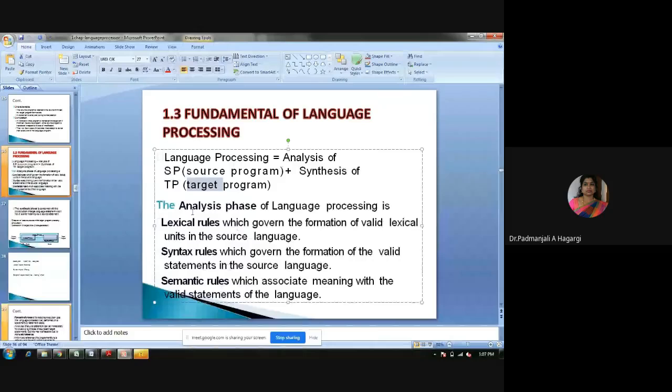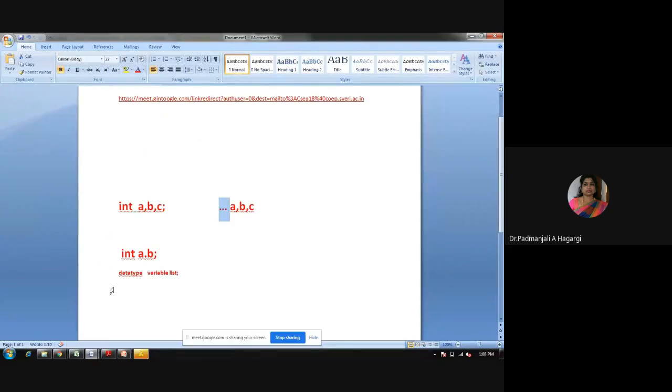So the analysis phase of the language processing has the lexical rule, syntax rule and semantic rule. The analysis phase passes through these 3 phases. It's a big story actually, but here I have made it descriptive. Lexical rule identifies its language, like int, void, float, main in C language.